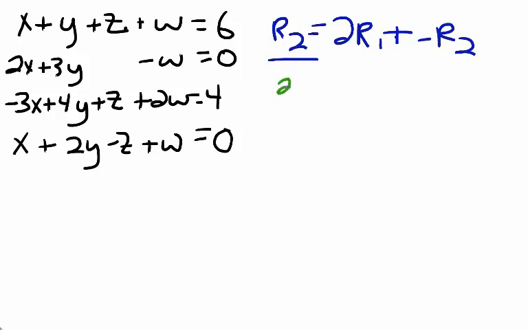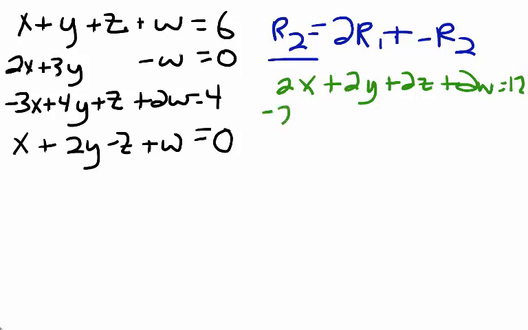This gives us 2 row 1, which is 2x plus 2y plus 2z plus 2w equals 12. And we're going to add that to negative row 2, which will be negative 2x minus 3y plus w equals 0.